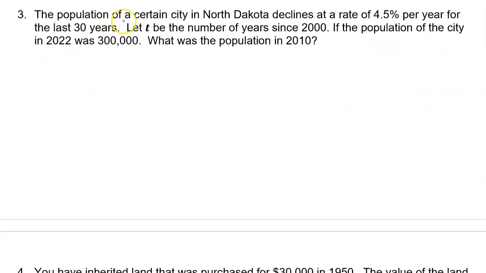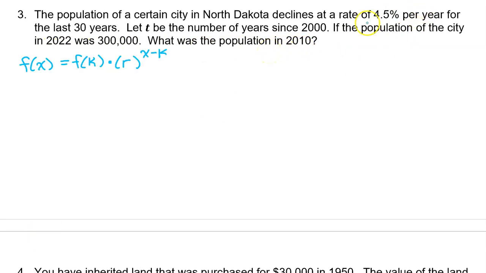Number 3. The population of a certain city in North Dakota declines at a rate of 4.5% per year for the last 30 years. Let t be the number of years since 2000. If the population of the city in 2022 was 300,000, what was the population in 2010?